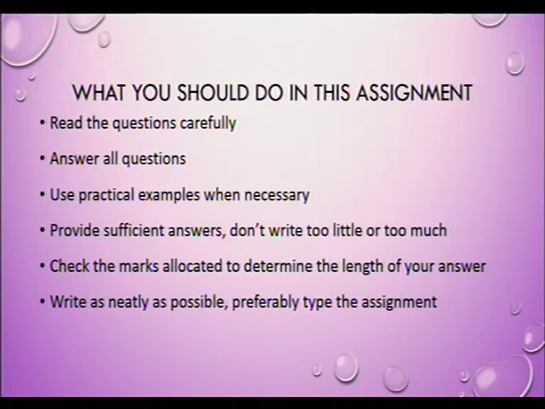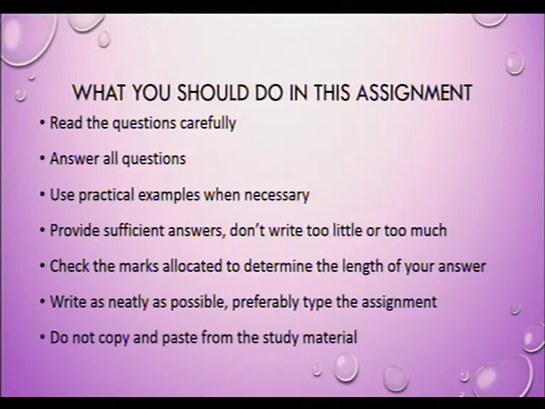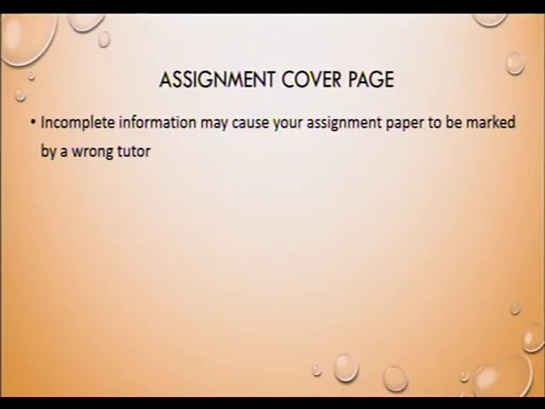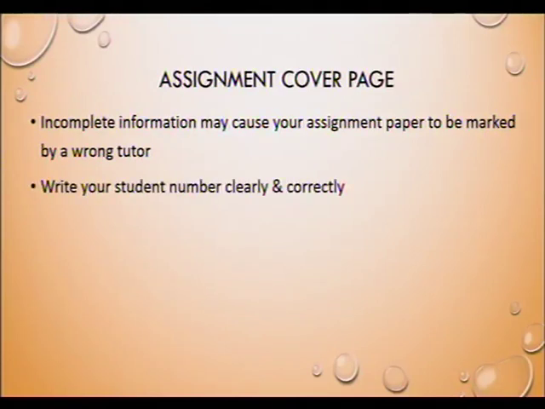Write as neatly as possible. Preferably type the assignment if you can. Do not copy and paste from the study material. Your assignment cover page should be complete. Incomplete information may cause your assignment paper to be marked by a wrong tutor, which will cost you marks.